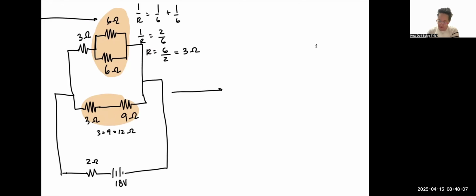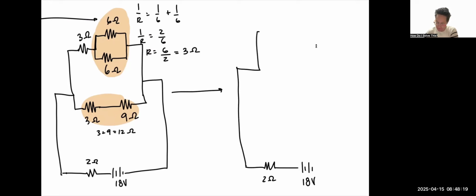So let's redraw it again. We still have our 18-volt battery. We still have this 2 ohm resistor. Then up here we have a 3 and a 3. And down here we have a 12.